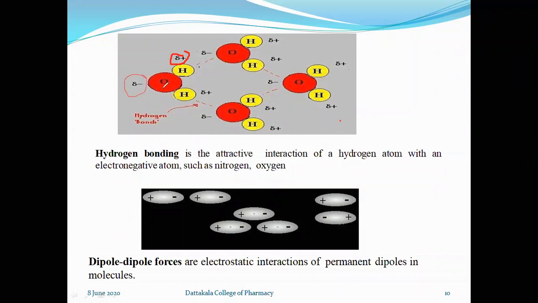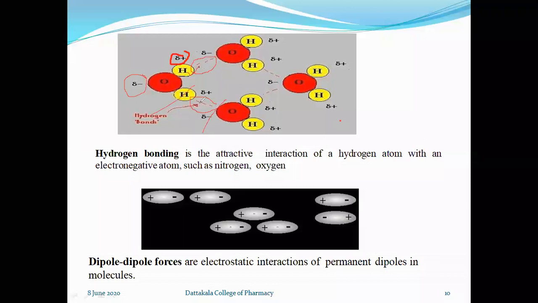And due to the attraction between this negative charge and this positive charge, this linkage will be formed here or here, between the positive hydrogen and the negative atom present in the solute molecules.